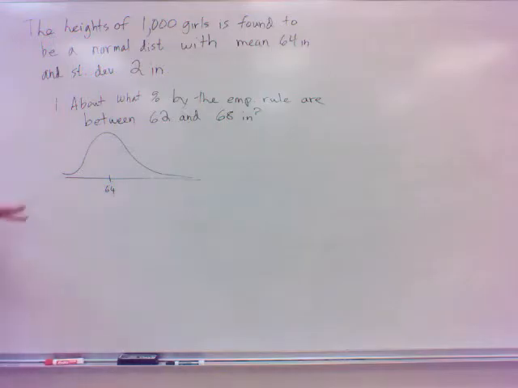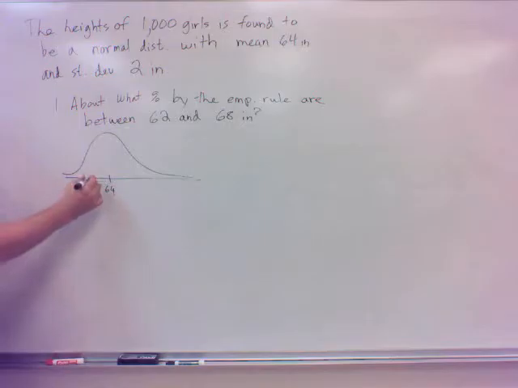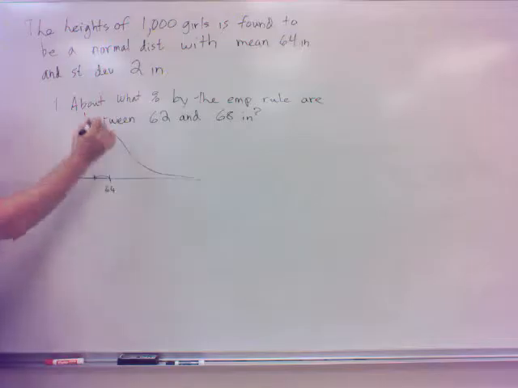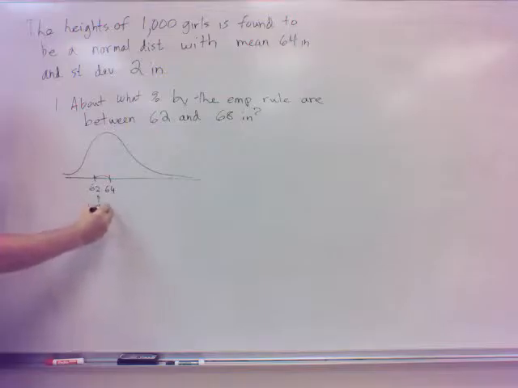But since I'm using the empirical rule, let's think about it a little more. How many standard deviations do I go to get to 62? One standard deviation puts me 2 units down, so 62 is one standard deviation below.